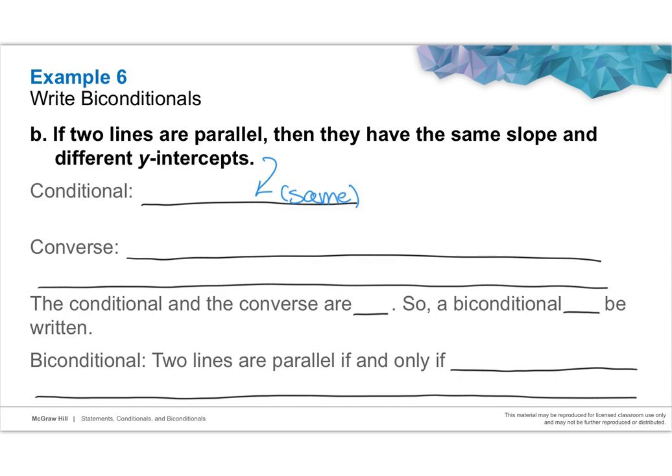So we're going to start with if two lines, we're going to talk about the slope part first, have the same slope, but different y-intercepts. The then part will be that the lines are parallel.